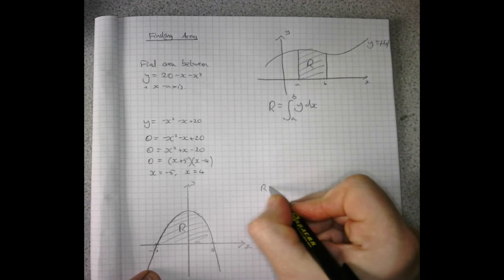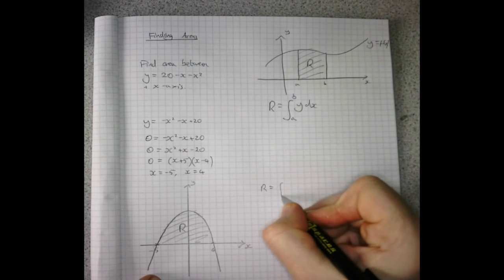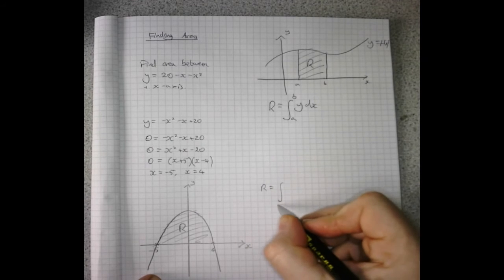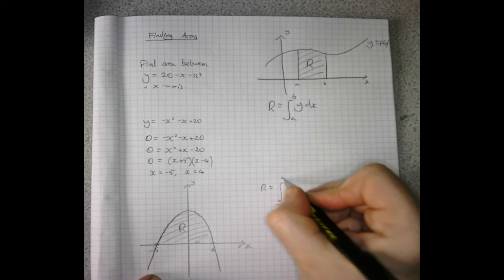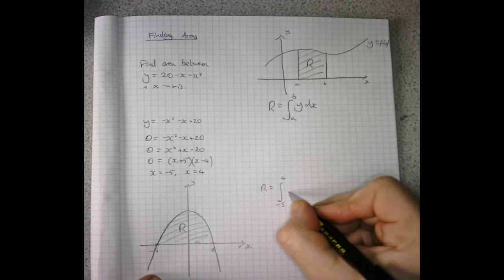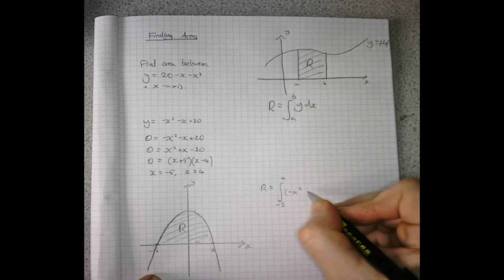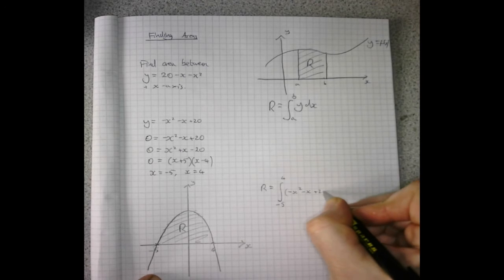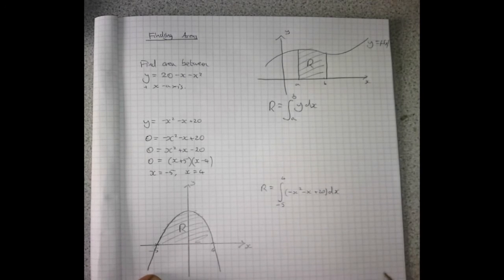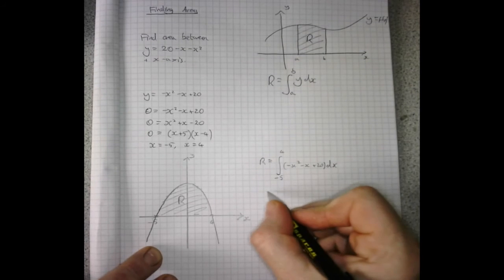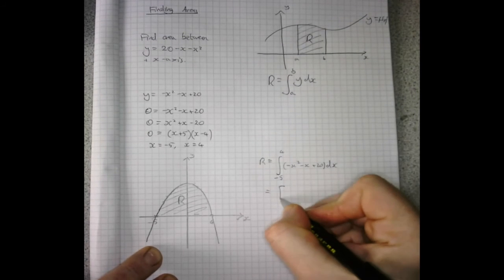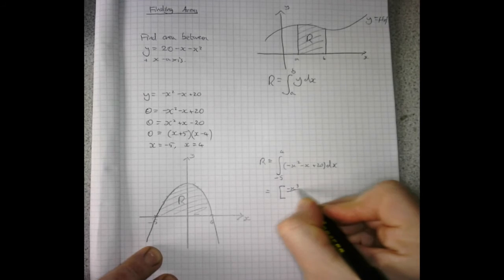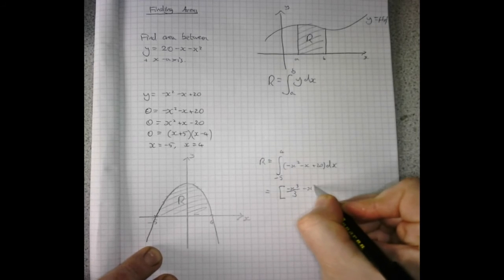So here my area is the integral between minus 5 and 4 of my function. Well, this is now a straightforward definite integration. Square brackets, integrate.